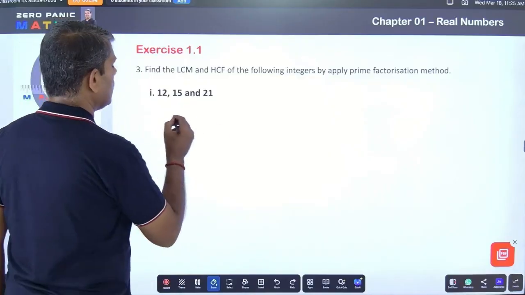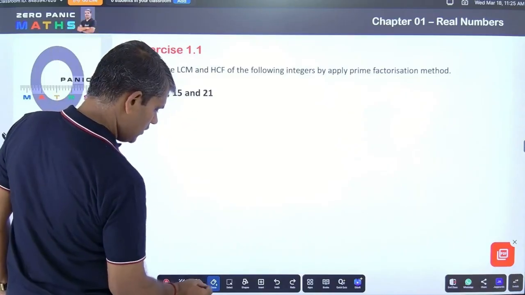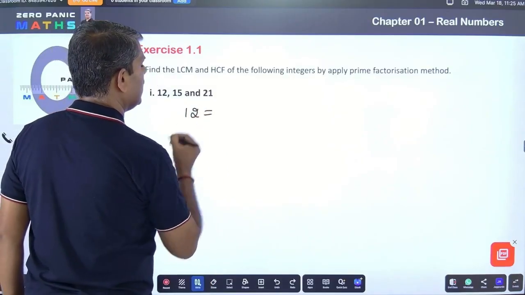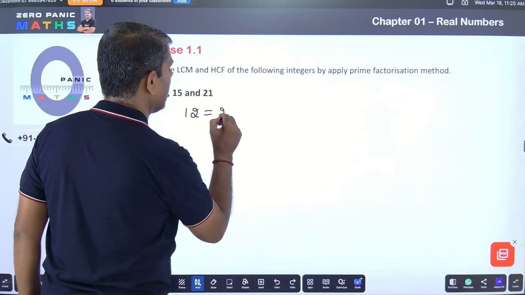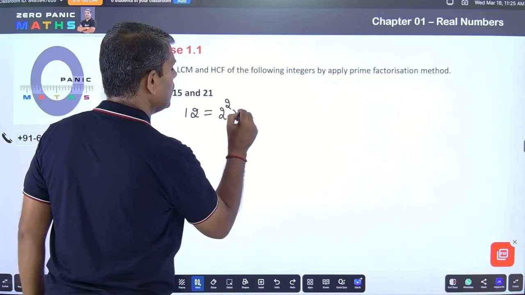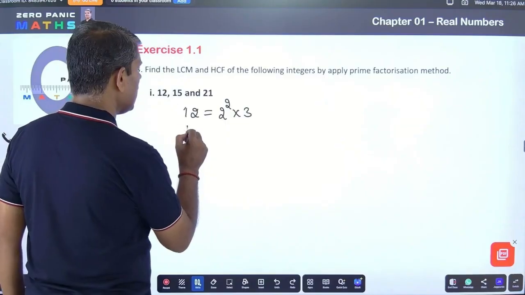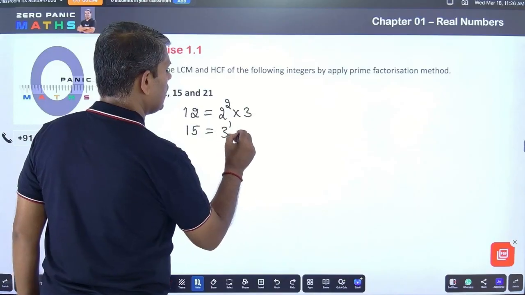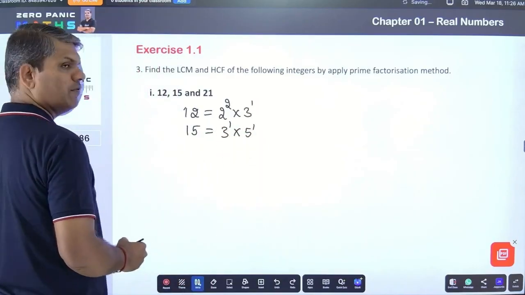Okay, so how do I write 12? 12 is written as 4 multiplied by 3, and 4 I can write as 2 to the power of 2 and 3. Okay, similarly 15 I can write it as 3 to the power of 1 and 5 to the power of 1. 3 5s are 15.